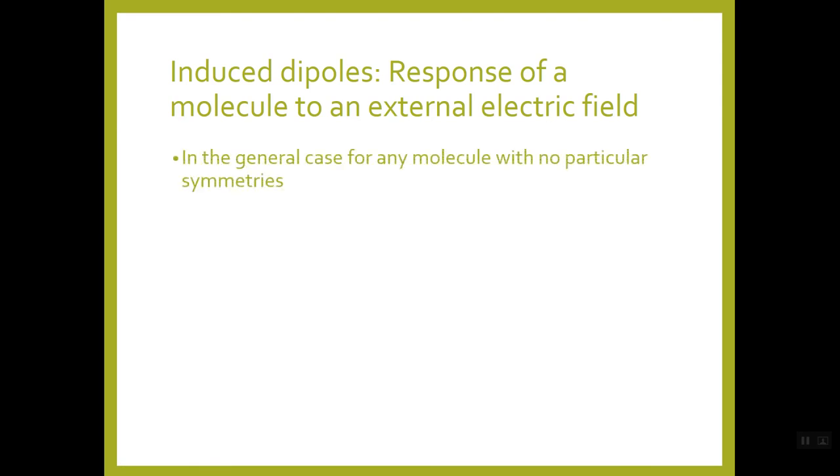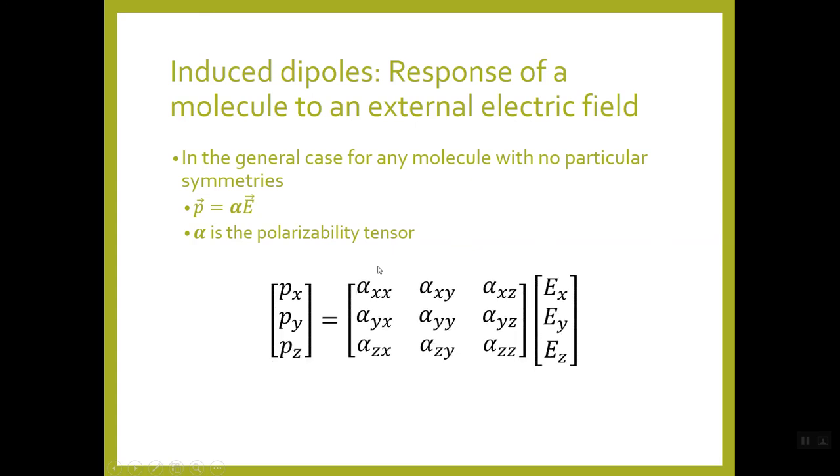So in the general case, for any molecule that has no particular symmetries, the dipole moment is equal to alpha times E, and in this case, alpha is called the polarizability tensor. So the equation looks like this.